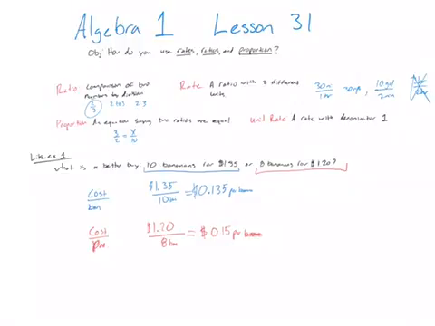Notice this first one came out to be 13.5 cents. This one came out to be 15 cents. So which is the better buy? The better buy is 10 bananas for $1.35.